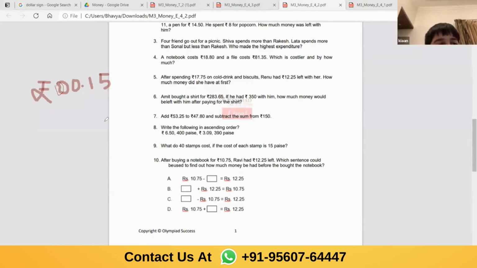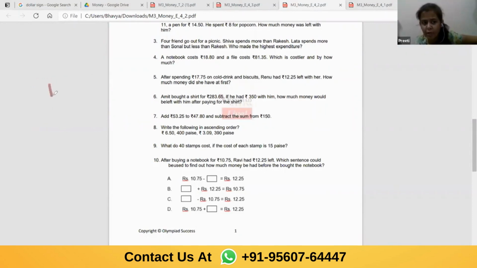Now, when I have to find out the cost of 40 stamps, I'll multiply 40 with 15. If you know the table of 15, you can do it straight away. 15 fours are 60 and there is one more zero at one place, so it becomes 600.